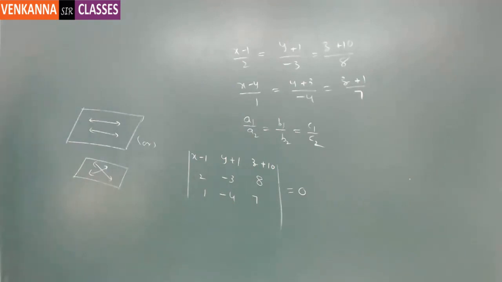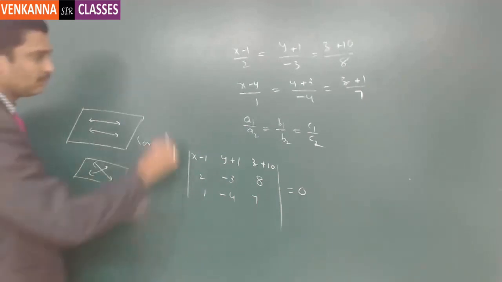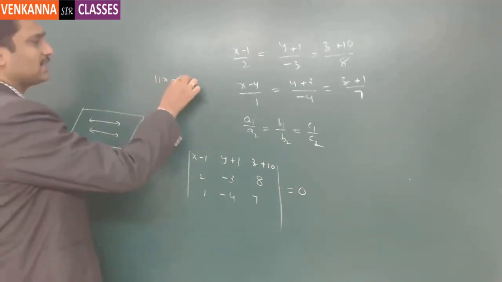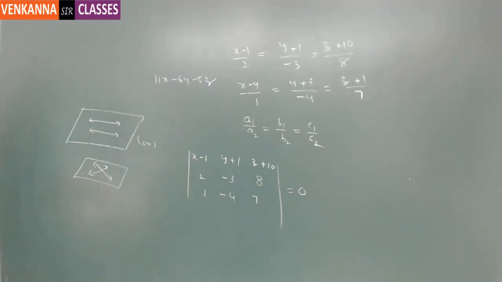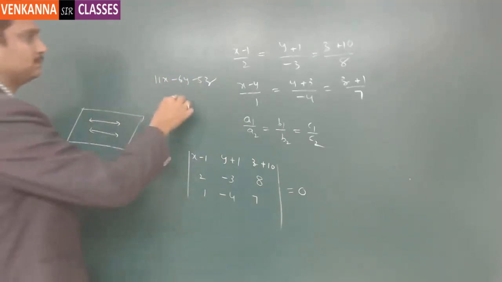This is the formula, straight away we apply. So if you consider this formula, the equation of the plane will be 11x minus 6y minus 5z minus 67 equal to 0.